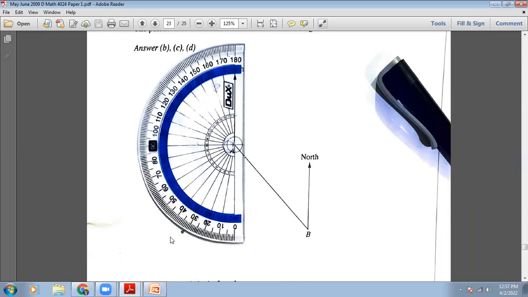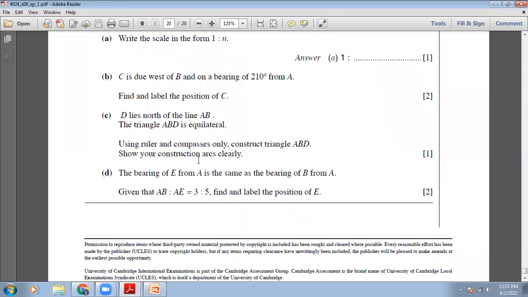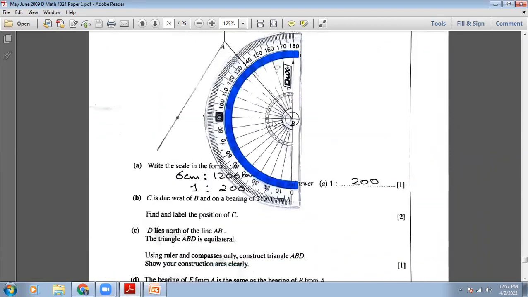Put a dot here. We will put a line here. And so then, D lies north of the line AB, the triangle, find the label the position C. The C is due west of the B. So I will put the protector like this on the B, because the C is in the west. So this angle will be 270.